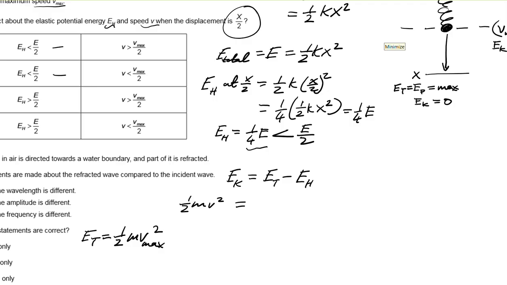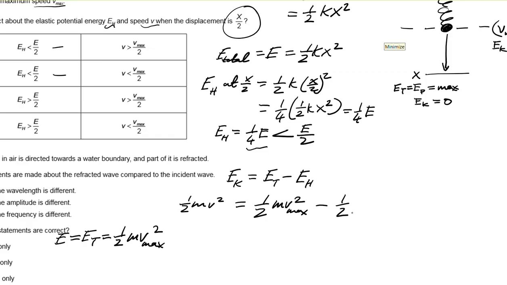And so what we have is half mv squared is equal to E total, half mv max squared, minus EH, which is 1/4 of E, right? Let me just write this here.